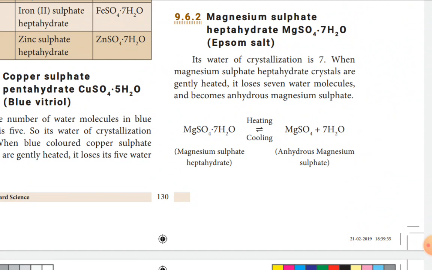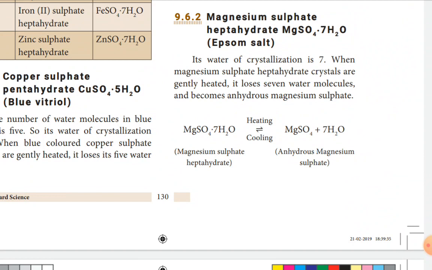Its water of crystallization is 7. When magnesium sulfate heptahydrate crystals are heated gently, it loses 7 water molecules. So when the salt is heated, it loses its 7 water molecules and becomes anhydrous magnesium sulfate. Anhydrous means without water molecules.